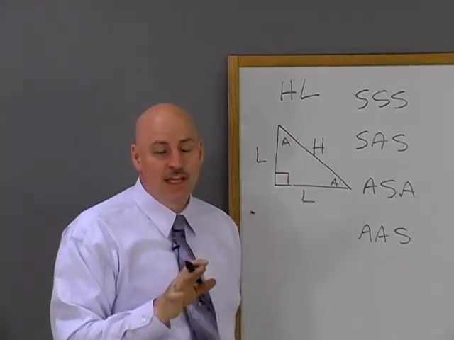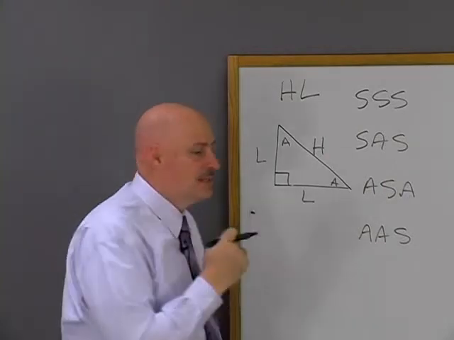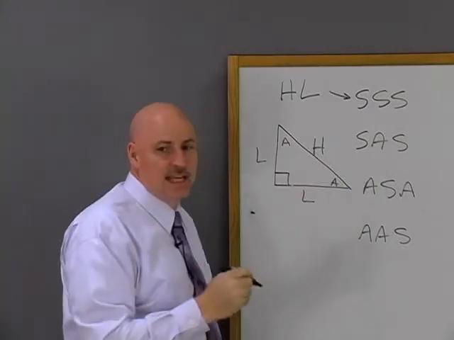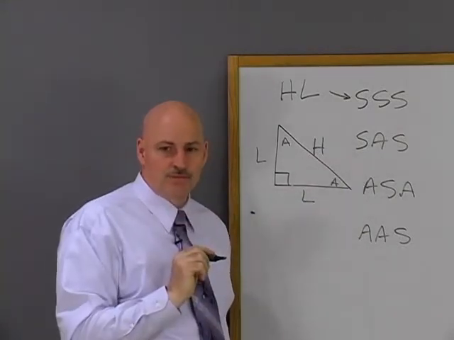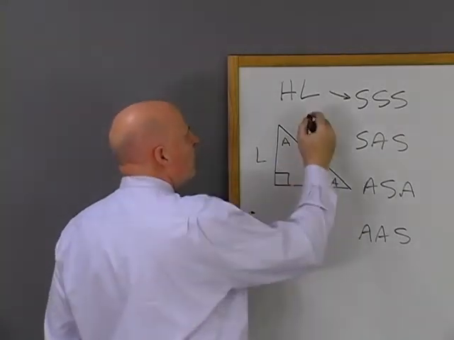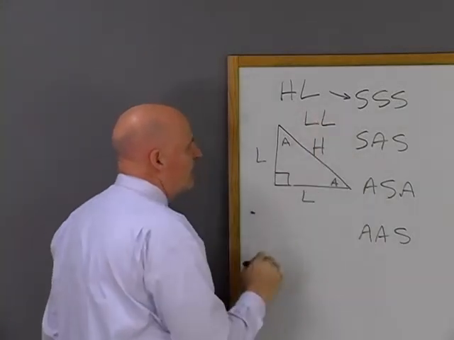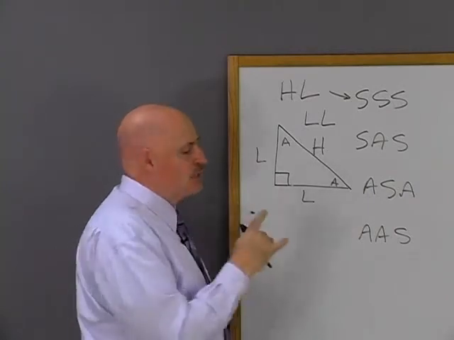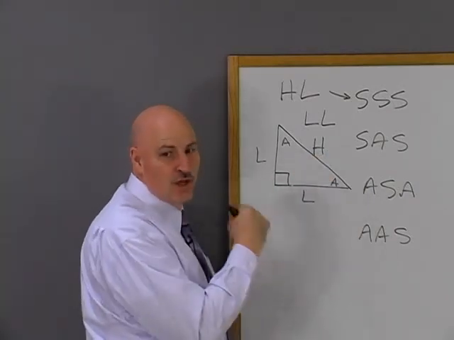So that's really like having all three sides. So I'm going to say that hypotenuse-leg is similar to side, side, side, except for right triangles. We have another one called leg-leg. If you have two legs, is that enough? Yes, because if you have two legs, you also have the hypotenuse. You get all three again.